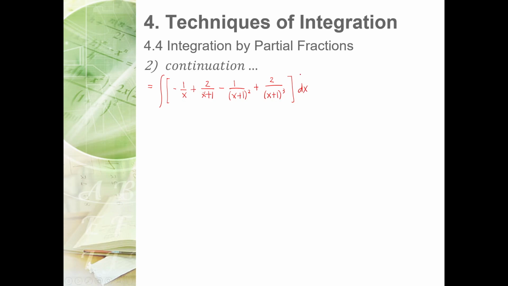So getting the individual integrals, you have negative integral of dx over x for the first one. The next one would be 2 integral of dx over x plus 1, then minus integral of dx over x plus 1 squared, and then plus 2 integral of dx over x plus 1 cubed.